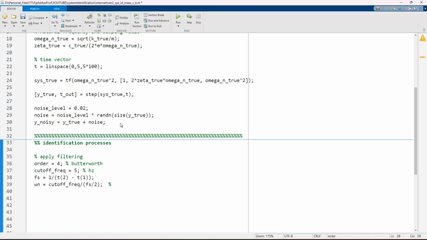Otherwise, the higher values of this frequency cannot be seen at this sampling rate. Okay, this is the normalized frequency, guys.